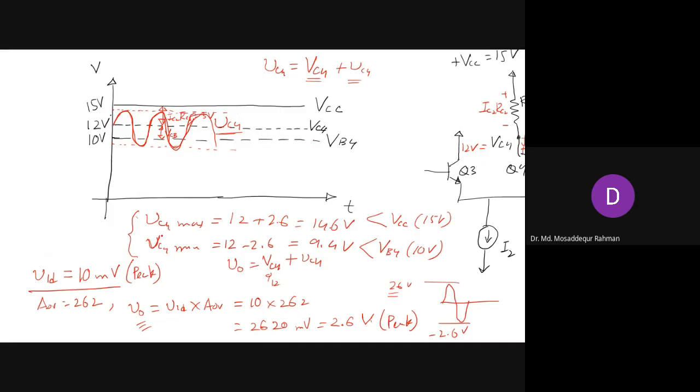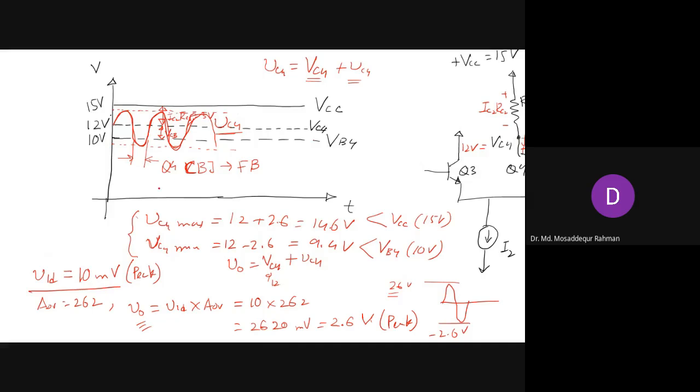Not cutoff. You see that at some point of time, the collector voltage goes below the base voltage, and when it goes below the base voltage, for this part, the collector base junction of Q4 will become forward biased.